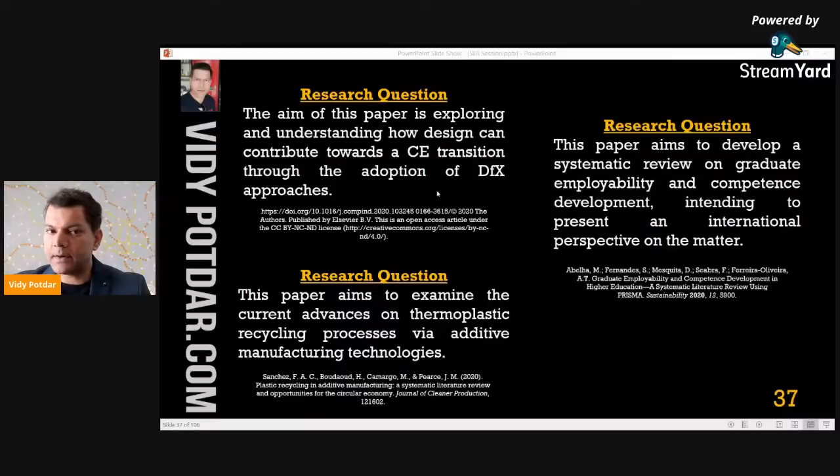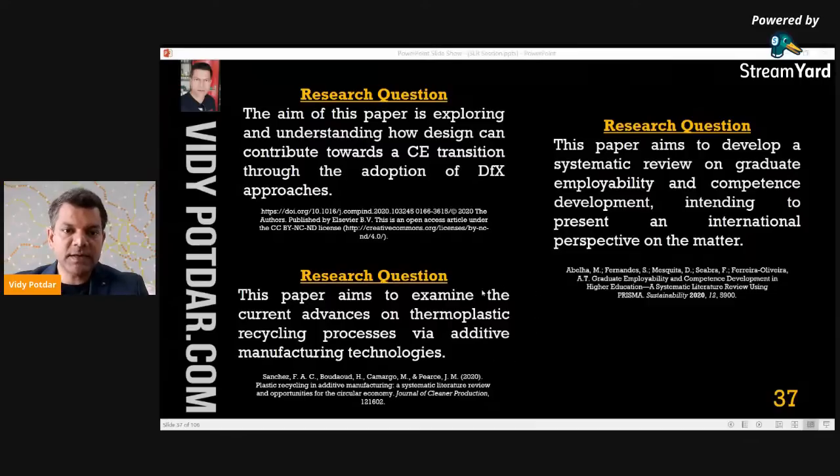The aim of this paper is exploring and understanding how design can contribute towards a CE transition through the adoption of DFX approaches. You will not know what these terms mean, but when you read the paper, you will know what those terms are. Another research paper aims to examine the current advances in thermoplastic recycling processes via additive manufacturing technologies.